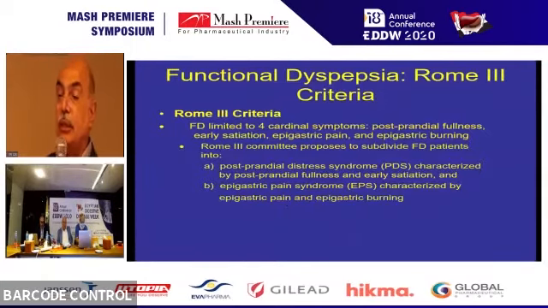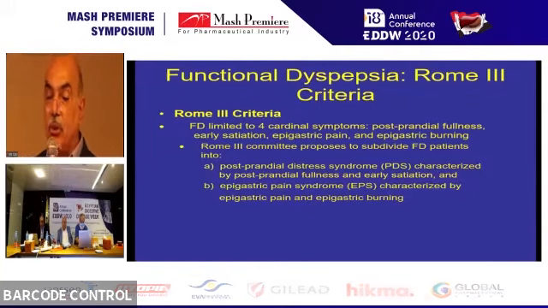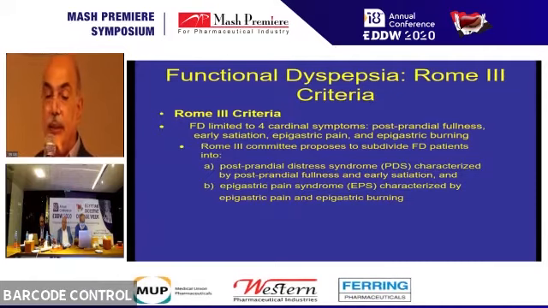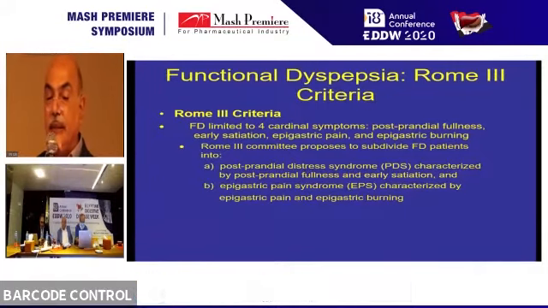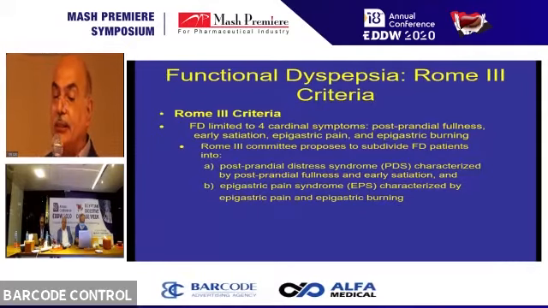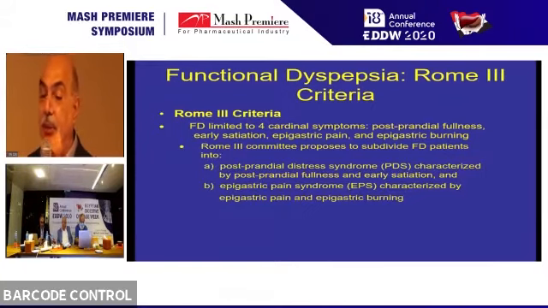So, Rome 3 started to put more decisive criteria for functional dyspepsia. They said that functional dyspepsia is limited to 4 cardinal symptoms: postprandial fullness, early satiation, epigastric pain, and epigastric burning.